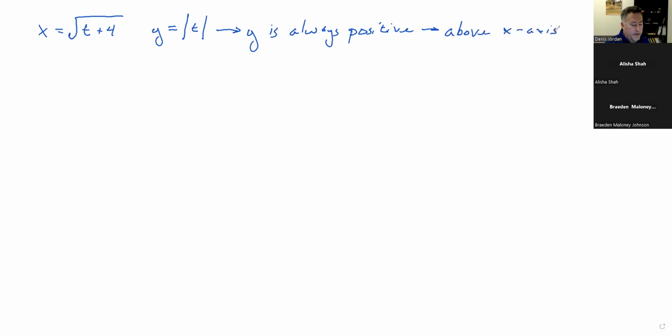Your entire graph is going to have to be above the x-axis. It could hit the x-axis, because y could also be 0. It just can't be negative.